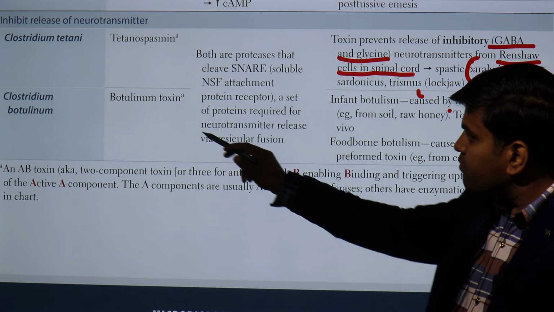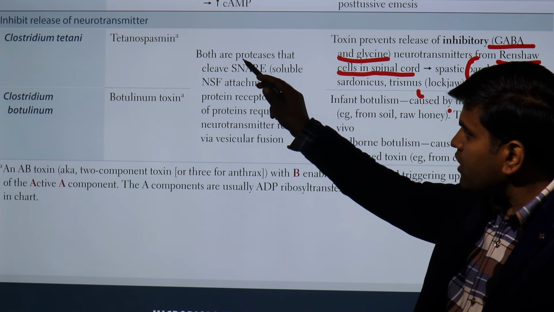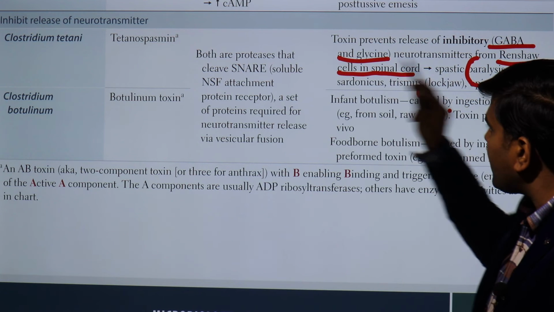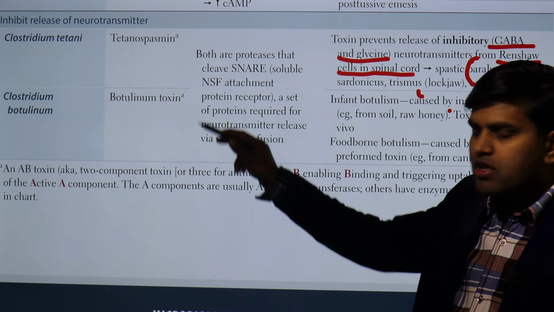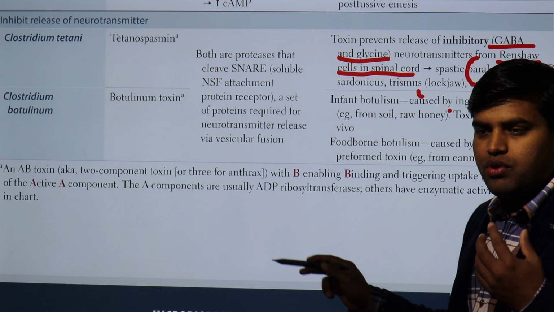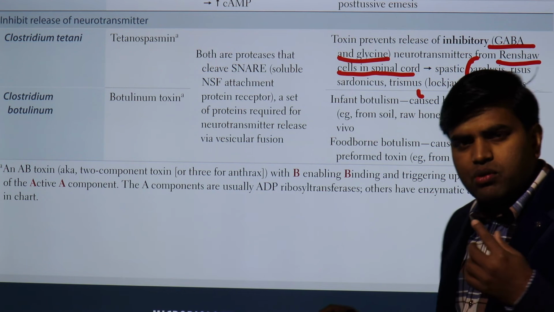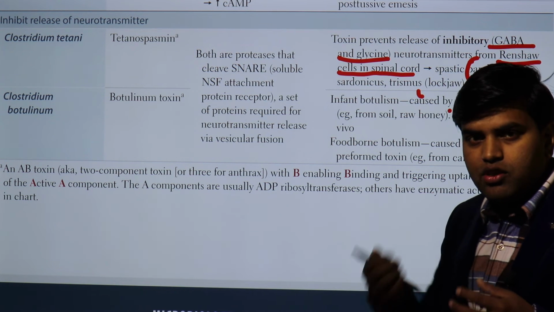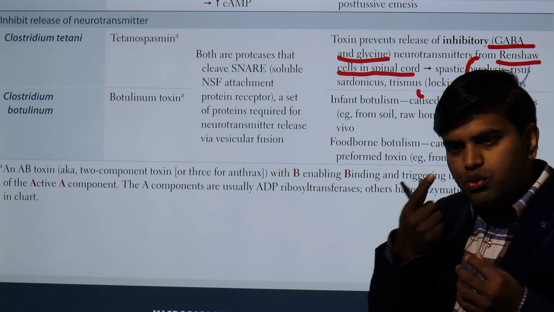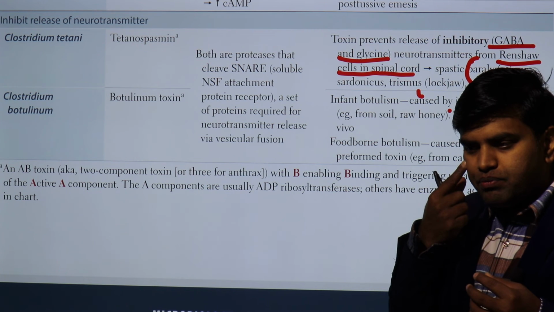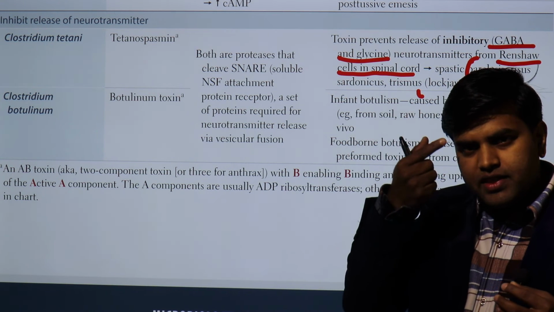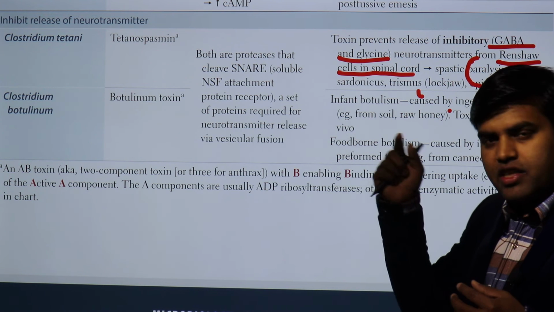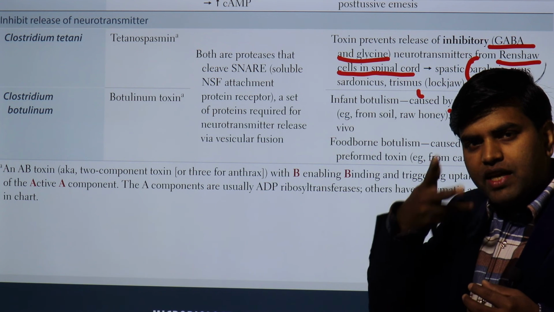This toxin is the opposite of tetanospasmin, which causes spastic paralysis, whereas botulinum toxin causes flaccid paralysis. If you remember, a small amount of botulinum toxin was injected into the faces of supermodels to keep the muscles tight. When you inject a small amount, the toxin inhibits the release of acetylcholine, and then it causes flaccid paralysis.